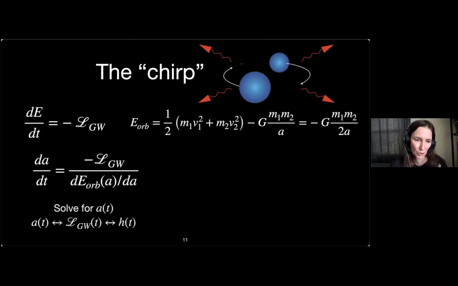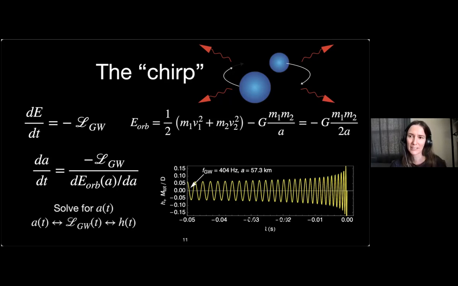That orbital separation is linked, at least on the one orbit average scale, which we can start with here, to the amount of gravitational wave energy radiated and the amplitude of the gravitational wave strain being emitted from the system over time. And so this is what gives us the characteristic chirp pattern of the amplitude of the wave increasing over time and the frequency of the wave also increasing over time.